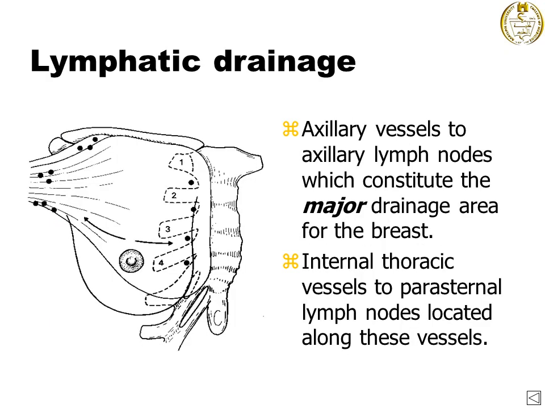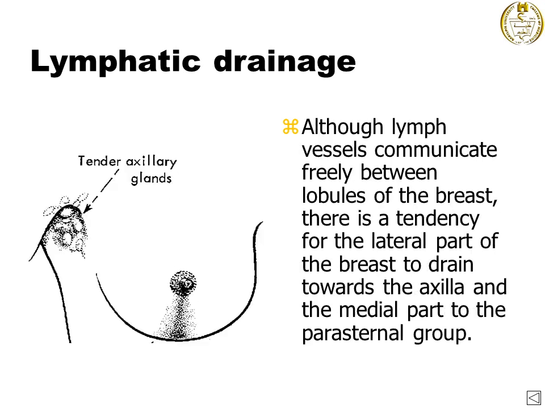Lymphatic drainage: the axillary lymph nodes constitute the major drainage area of the breast. The internal thoracic vessels, or parasternal lymph nodes, are located along these vessels.